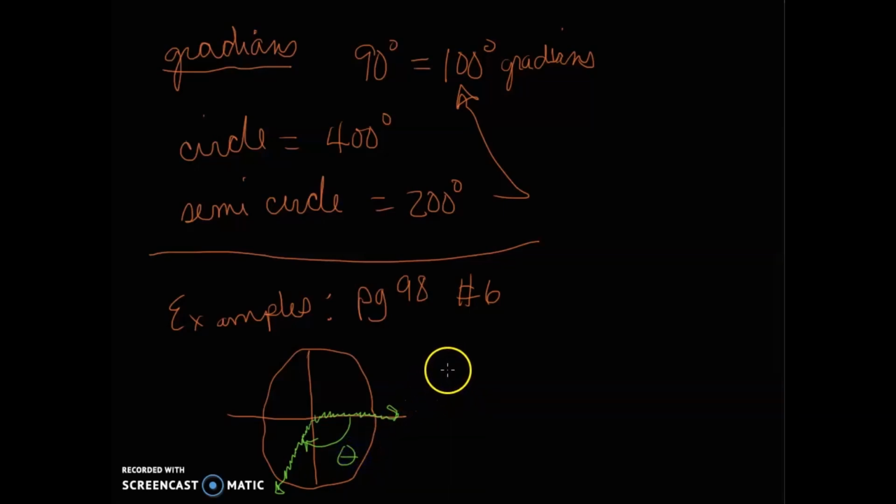So, directions. Each angle theta is an integer, plus or minus 1, plus or minus 2, plus or minus 3, etc., measured in radians.